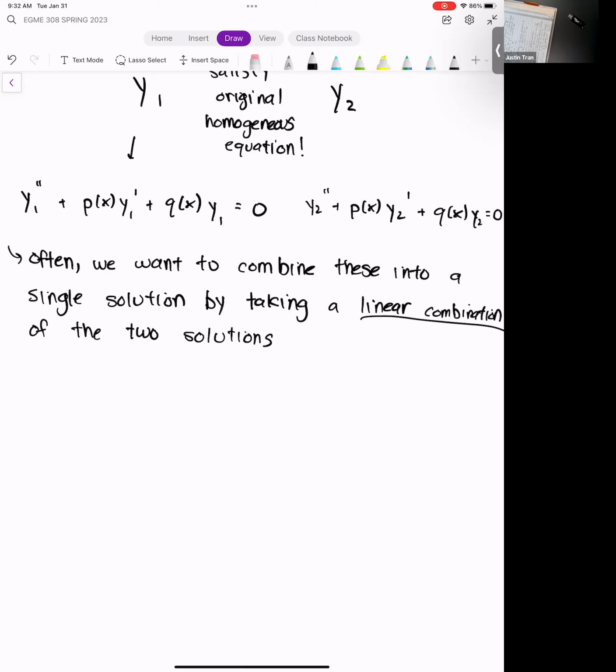To take a linear combination, we take both our solutions, y1 and y2, and we're going to add these together, but we're going to modify them a bit. When you take a linear combination, you multiply each of the individual functions by an arbitrary constant.